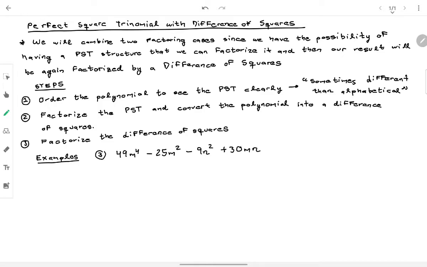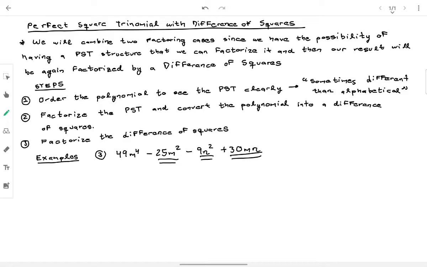We have 49m to the 4 minus 25m squared minus 9n squared plus 30mn. Of course, these ones are going to be the ones that are in the perfect square trinomial, since the middle term is going to be 30mn.